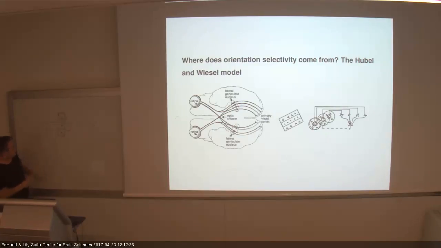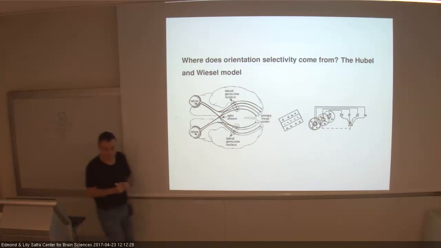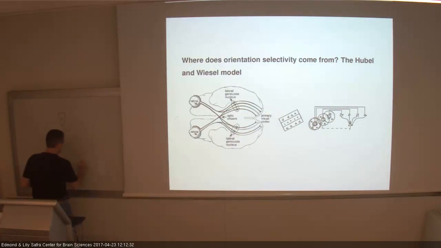But there will be other neurons in the primary visual cortex that will receive input from neurons whose receptive fields are like this. So this would be LGN, and this would be V1.